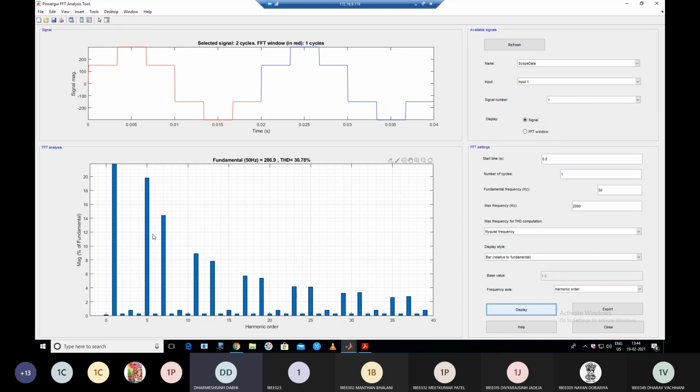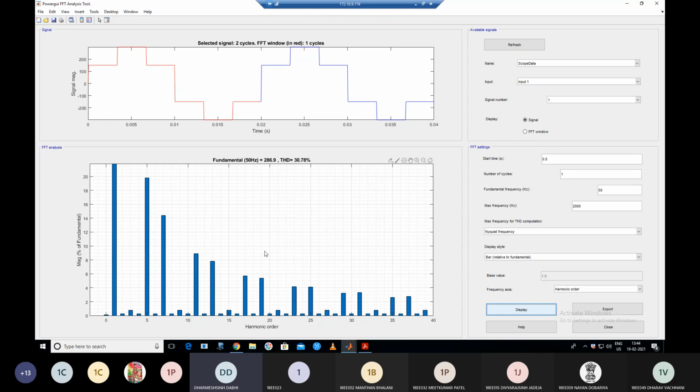So the dominant order harmonic in this case is the fifth. In the normal square wave inverter, the first dominant order harmonic is the third. But in the case of the 180-degree mode of three-phase voltage source inverter, the first dominant order harmonic is fifth, then 7, 11, 13, and so on.